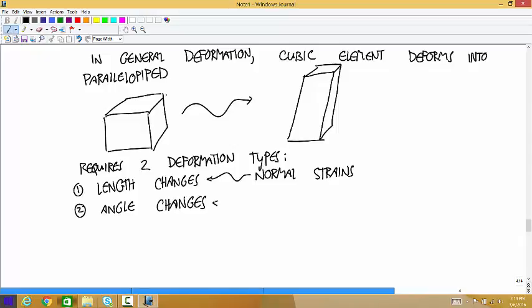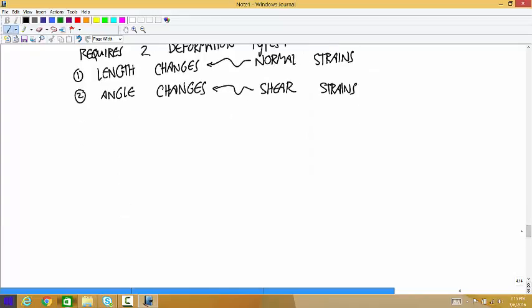And the angle changes are going to be represented by the shear strains. It's the same naming as for stress tensors, because there's a relationship between normal stresses and normal strains, and a relationship between shear stresses and shear strains. So the first thing we're going to talk about are the normal strains.